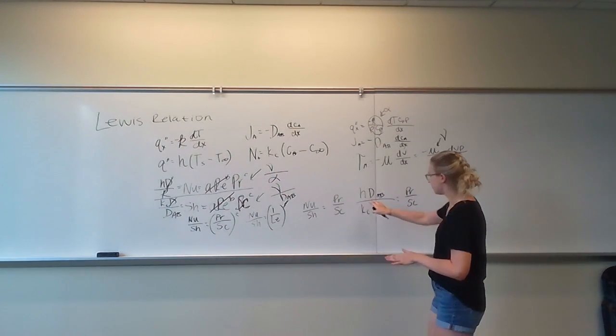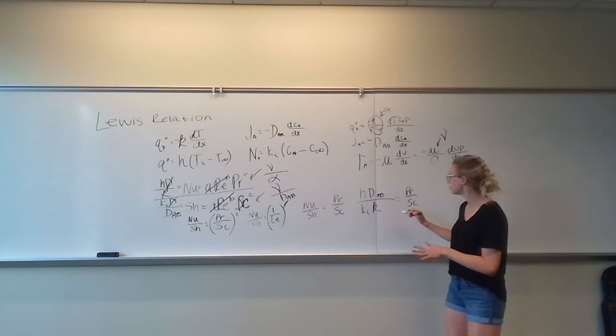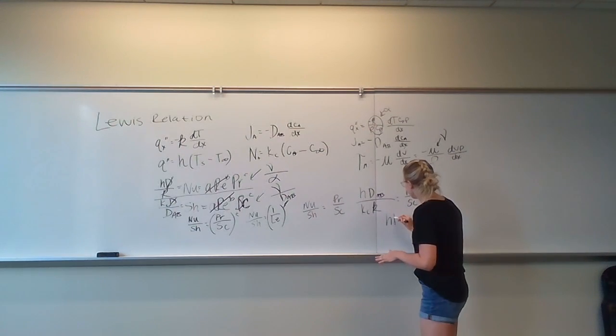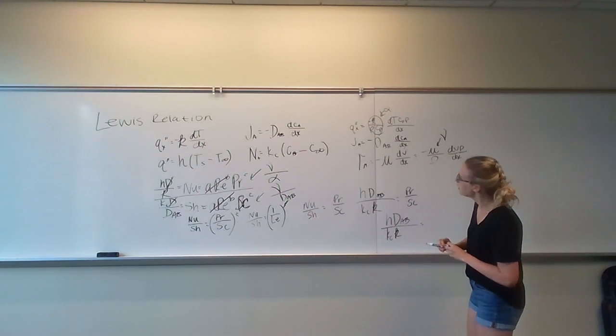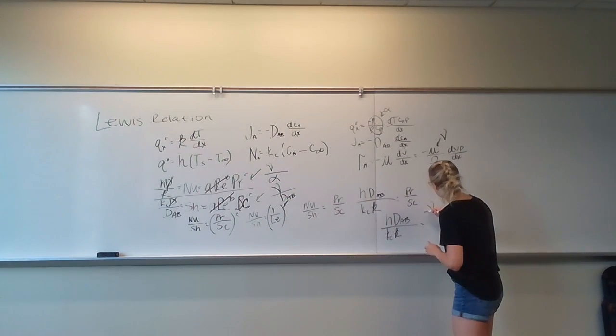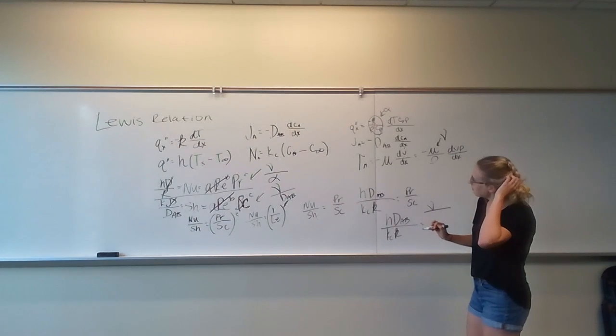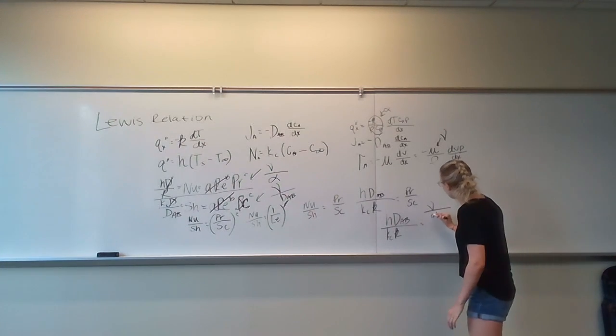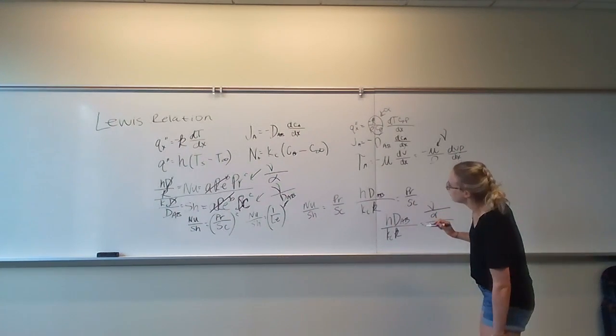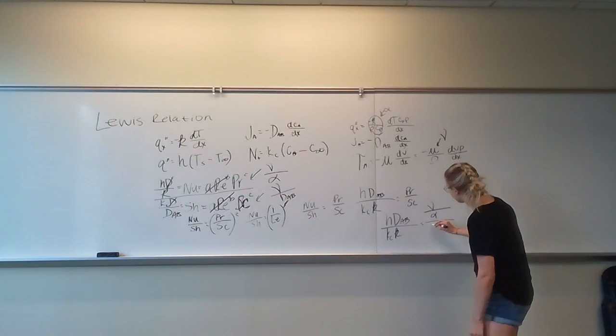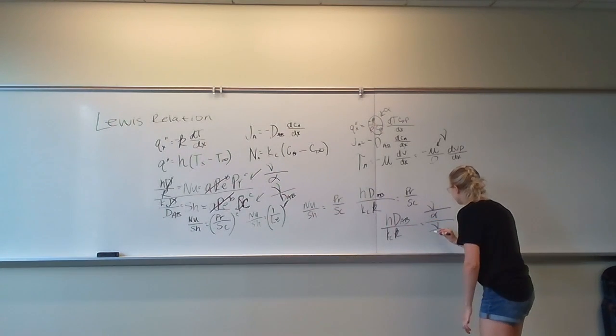So we can set these two halves of the equation equal to each other, so we get heat transfer coefficient times the diffusion coefficient all over mass transfer coefficient times the thermal conductivity is equal to the kinematic viscosity over alpha all over the kinematic viscosity times the diffusion coefficient dAB.